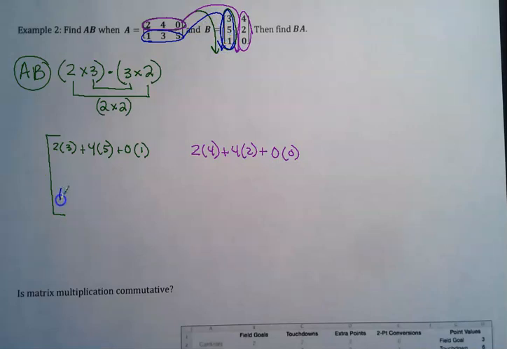So we're going to have 1 times 3 plus, the second number is 3 and 5, so 3 times 5, plus the last number, 5 times 1.